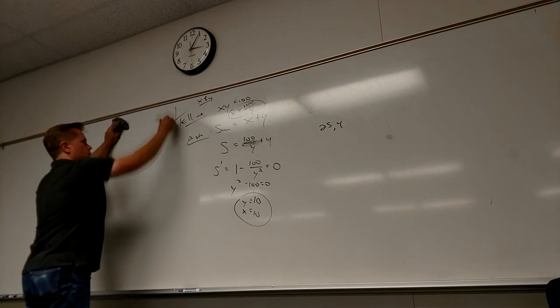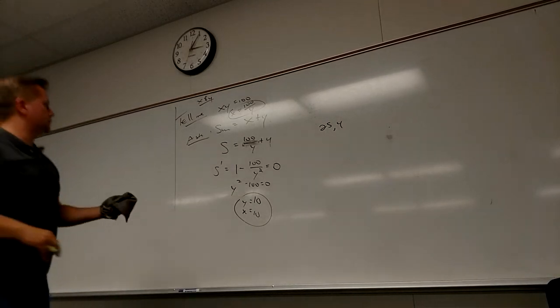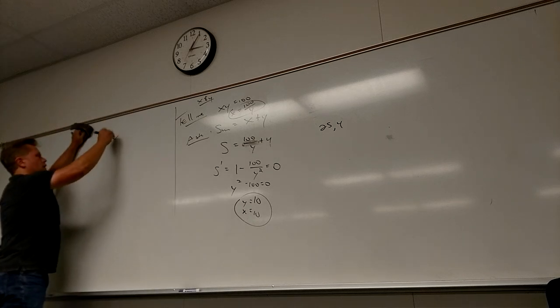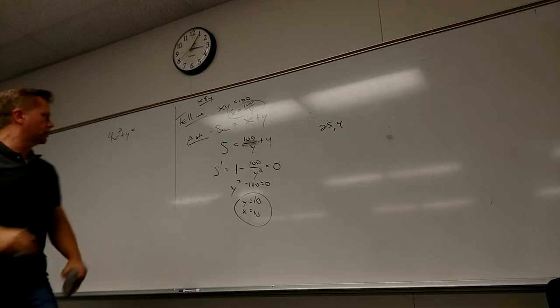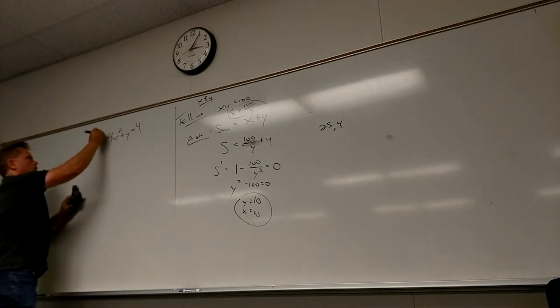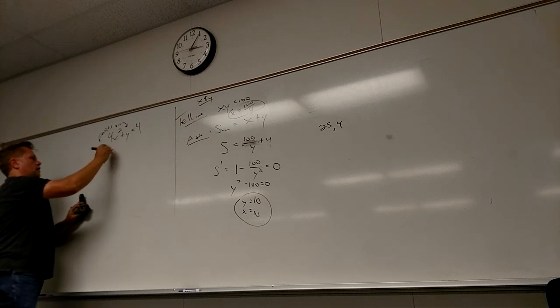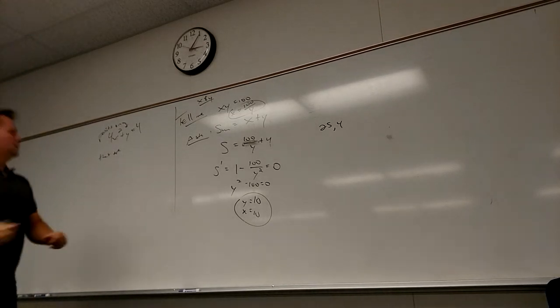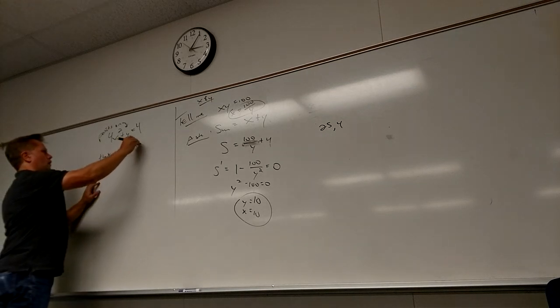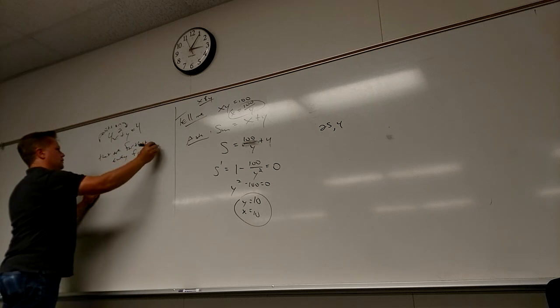Let me say that. So, this one says, find the points on the ellipse 4x squared plus y equals 4. Find the points on this ellipse that are the farthest away from the point (1, 0).